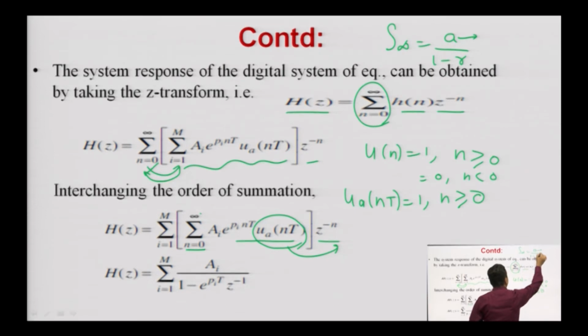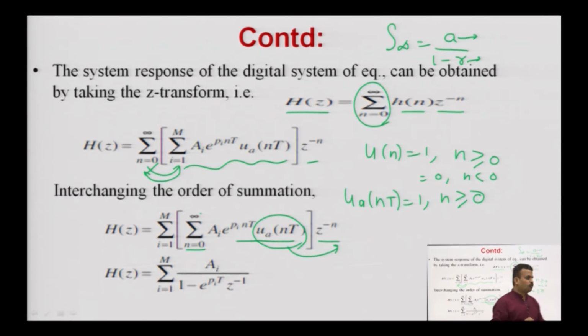Here a is the first term and r is the common ratio. Common ratio means second term upon first term is equal to third term upon second term, is equal to fourth term upon third term, is equal to fifth term upon fourth term. So the ratio of these terms is common, that is why it is a GP.